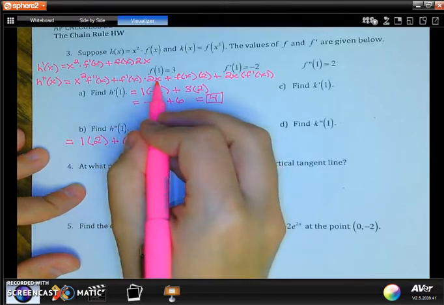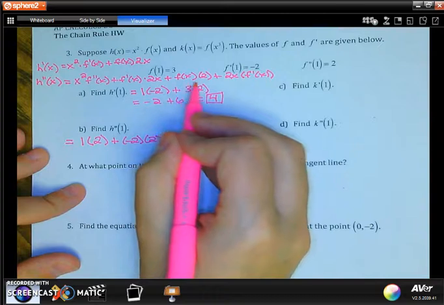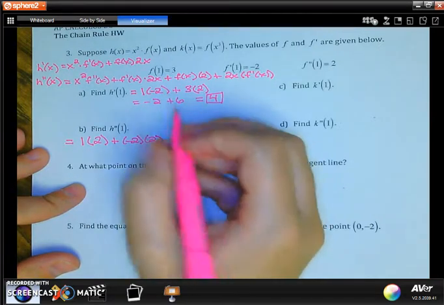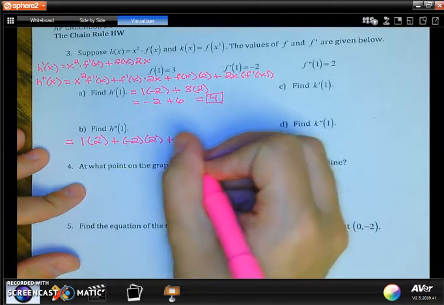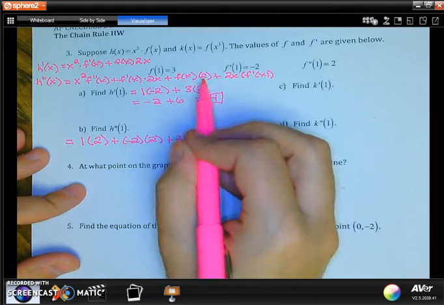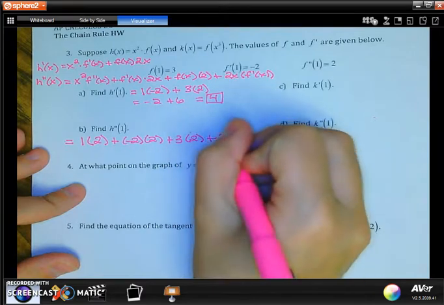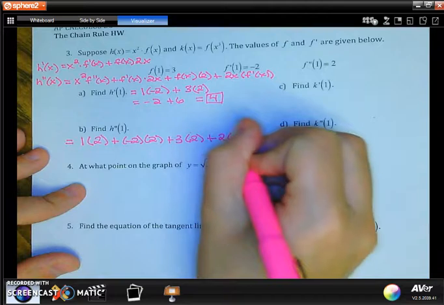And when I plug in a 1 there, I just get 2. So now I'm over in this section here. If I plug in a 1 there, f of 1 according to this is a 3. That's plus a 3. Close parentheses, or now start a new parenthesis. So that was a 3, and multiply that by a 2. Plus, when I plug in a 1 there, I just get a 2. And then when I plug in there, I get a -2.